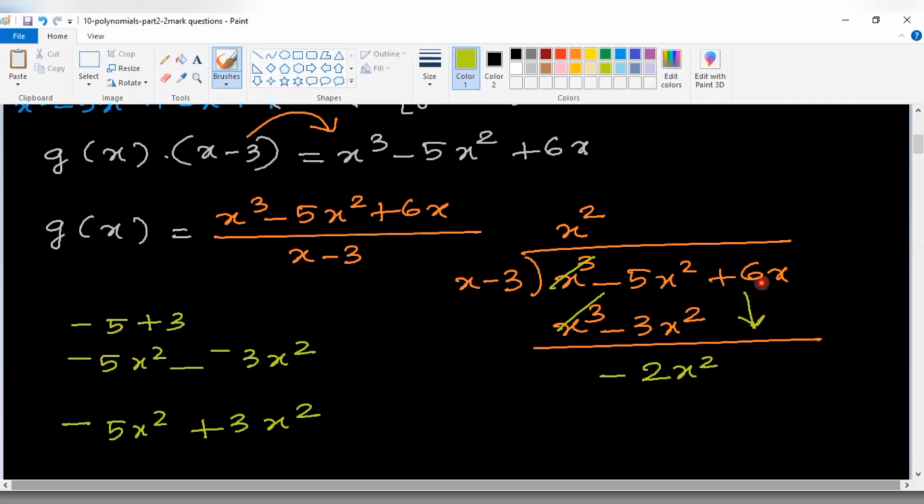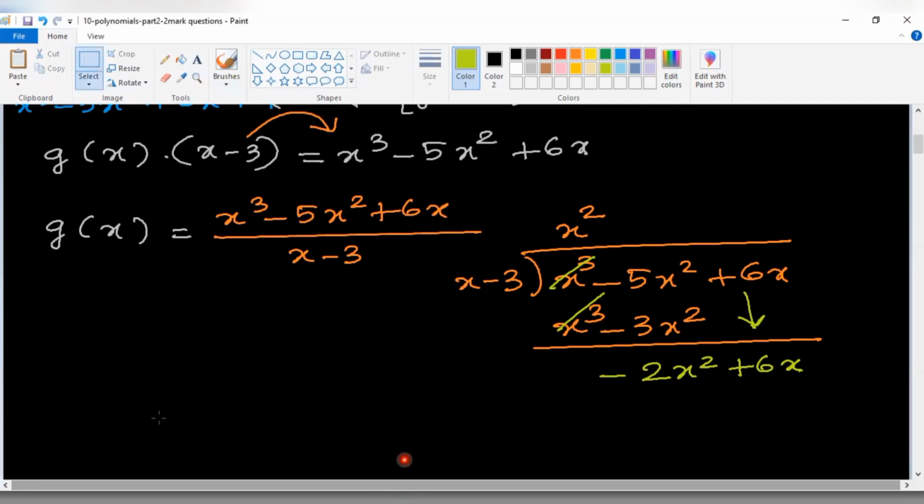Then we take the next term as it is, plus 6x. Now the first term here is minus 2x square. Minus 2x square divided by x. We will divide, so what we get is minus 2x. So here the next term will be minus 2x.